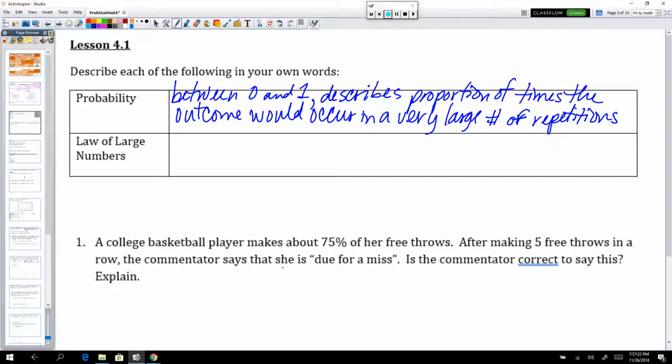The law of large numbers says that may happen in a small number of times that you flip the coin, but if you were to flip that coin a bazillion times, and I know that's not a number, a million times, a billion times, if you were to repeat that chance process many, many, many times, the proportion of times you actually get those outcomes will be closer and closer to that expected 50%, okay?